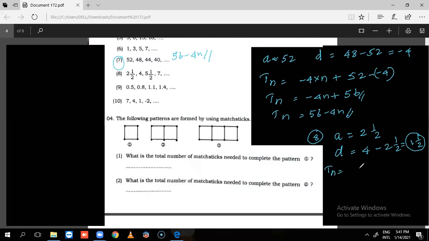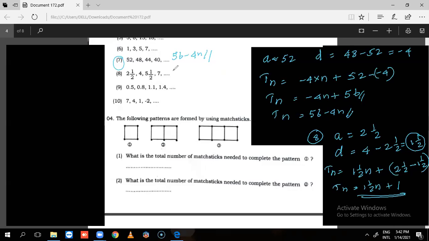Then you can write 1.5n plus first term 2.5, right? Minus common difference here 1.5. Then you can write Tn equals 1.5n plus 2.5 minus 1.5, that is 1. This is the answer. Tn equals 1.5n plus 1.